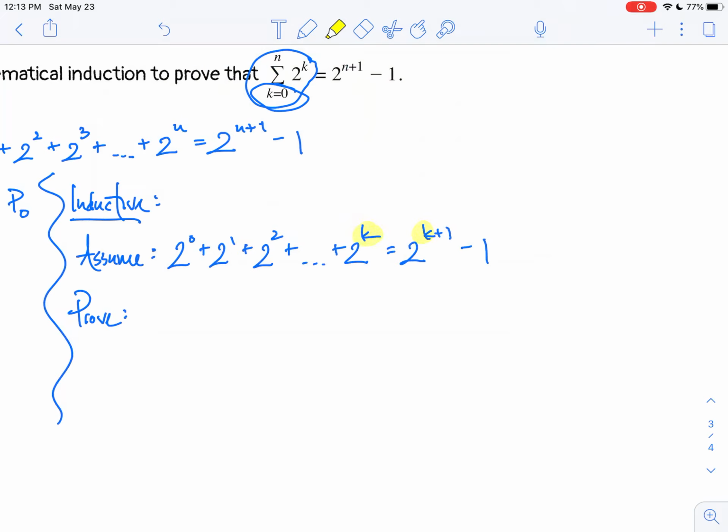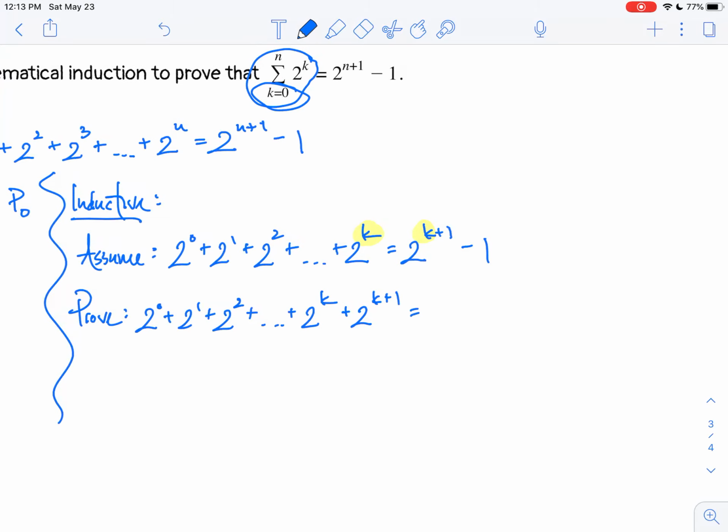So again, everywhere I see a k, I'm going to include a k plus 1. We want to prove that if I start from the beginning, and I add up all those, and then on top of that, I add 2 to the k plus 1, that should equal 2 to the k plus 2 minus 1.